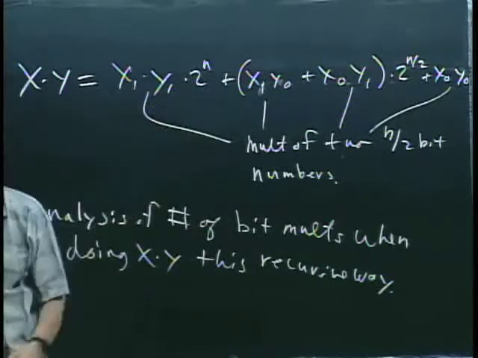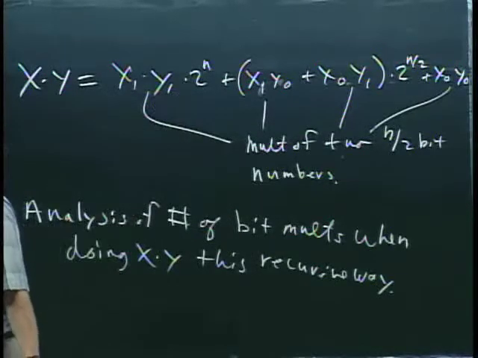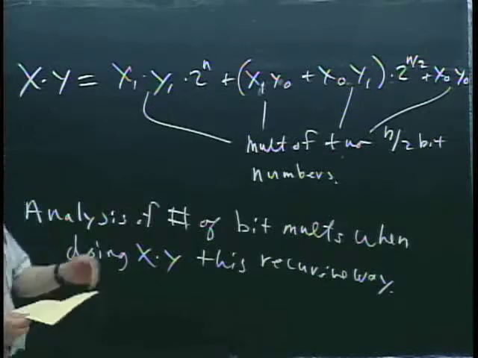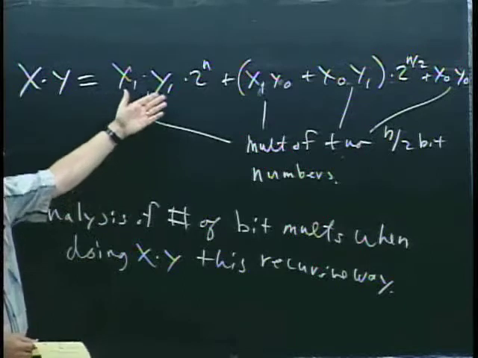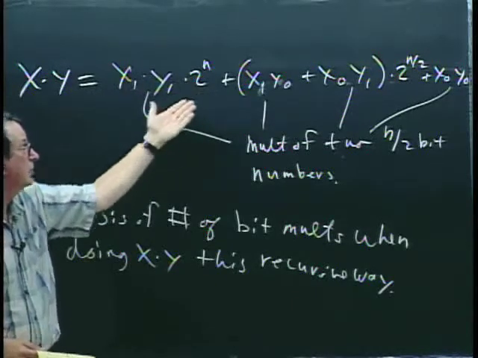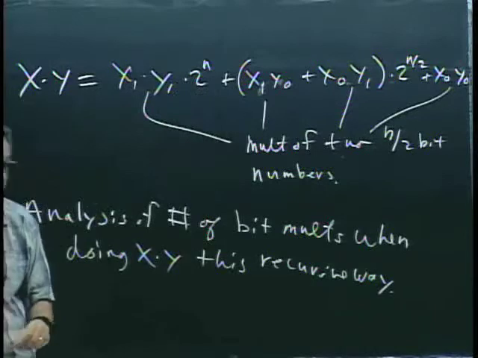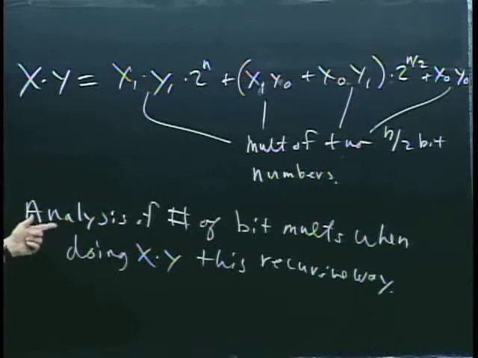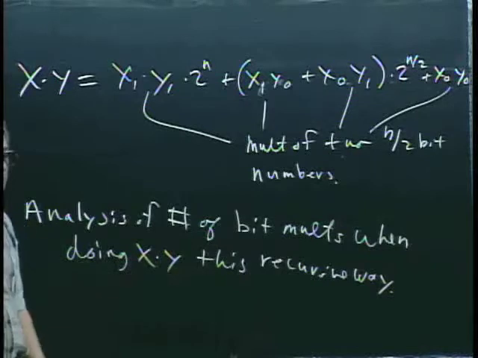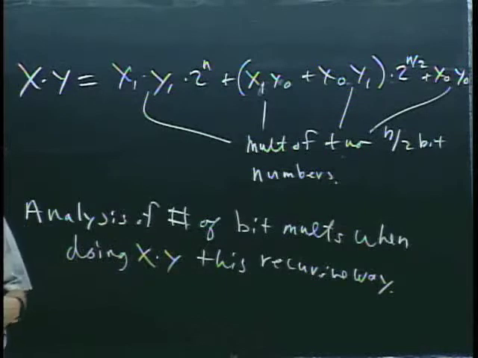If you believe that this way of writing x is correct and this way of y is correct, that's the cross product, and therefore if you figure out what x1 times y1 is and then do that shift and so on, this should give you x times y. How many bit multiplications will we have when we do x times y this way? We'll answer that by setting up a recurrence.